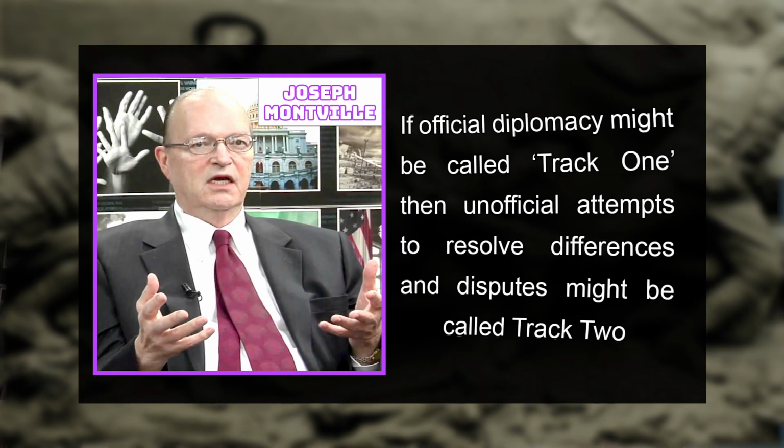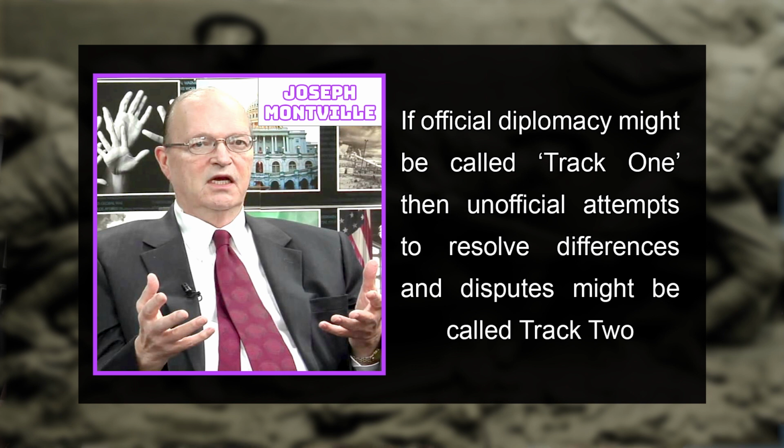Montville noted that if official diplomacy might be called Track One, then unofficial attempts to resolve differences and disputes might be called Track Two. However, the term should not imply that such discussions are a form of traditional diplomacy or replace formal diplomatic channels.